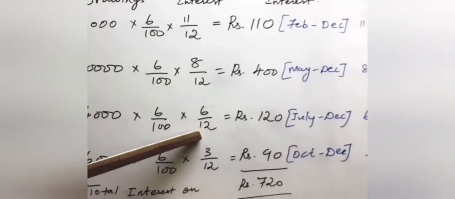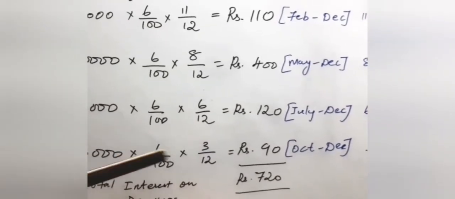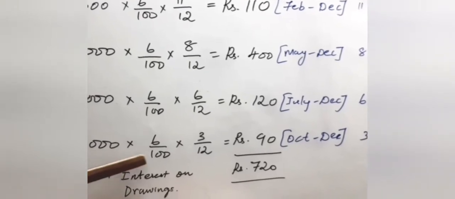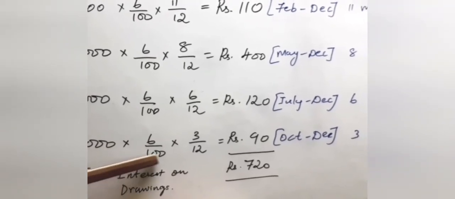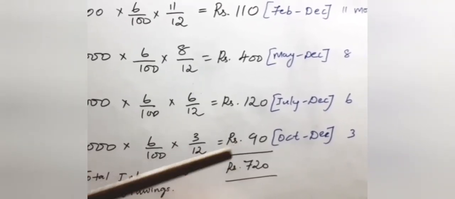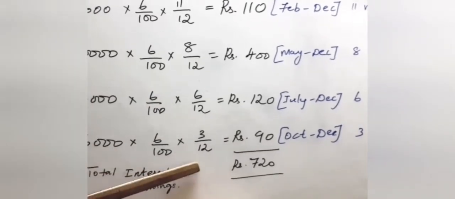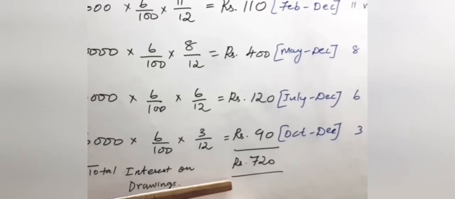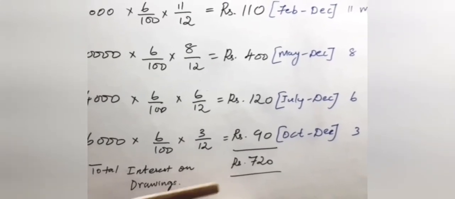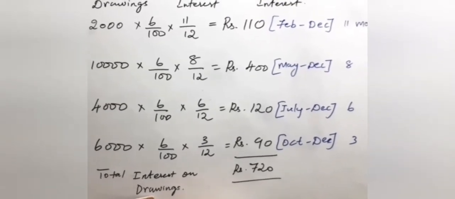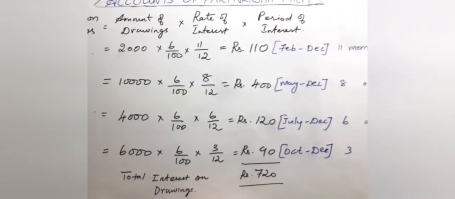So it is 6 months. Next is the 6,000 rupees. Rate of interest is 6/100. He is withdrawing in the month of October. So October, November, December, 3 months. So when you do the simplification, you get this answer, children. You want to total all the interest amounts, so that will give you the answer. Hope you understood this sum.